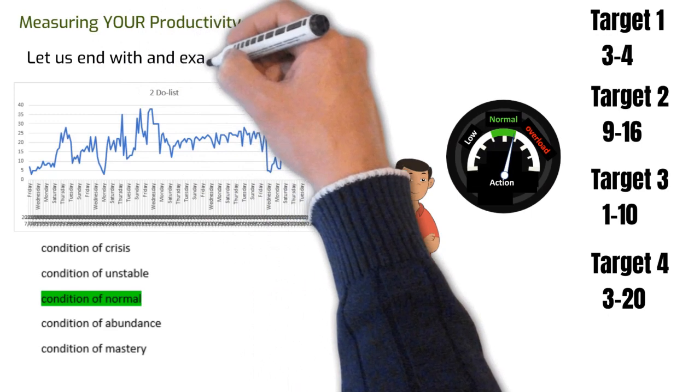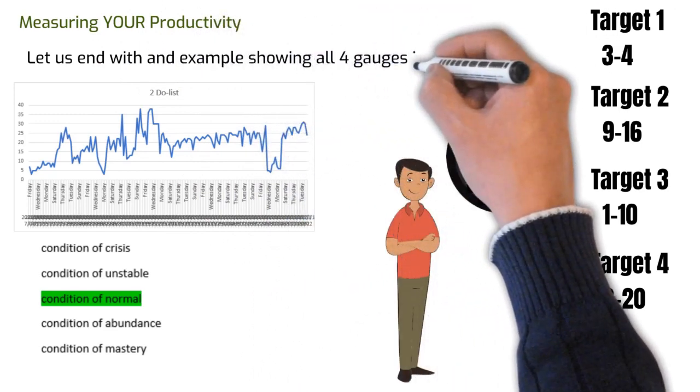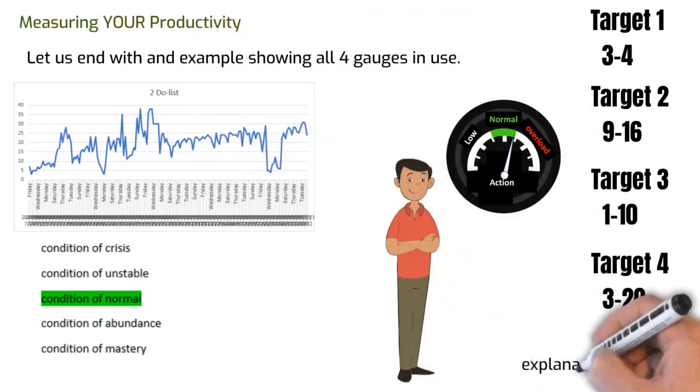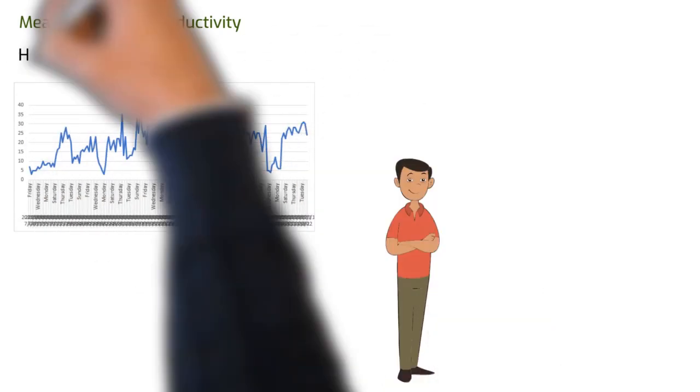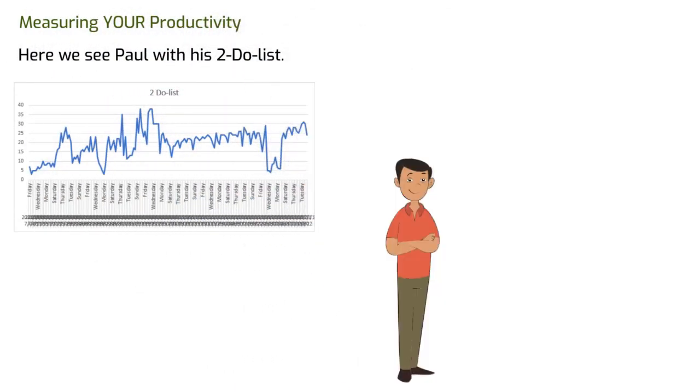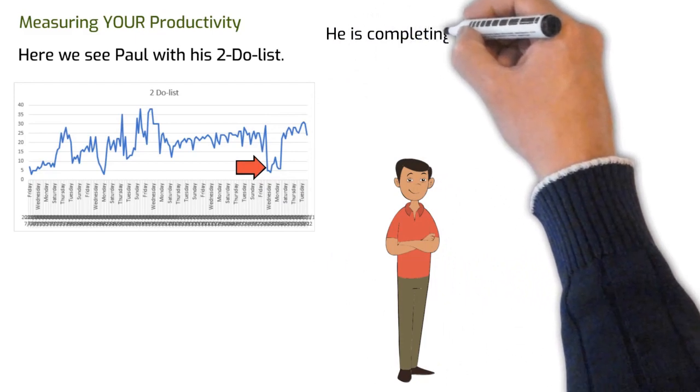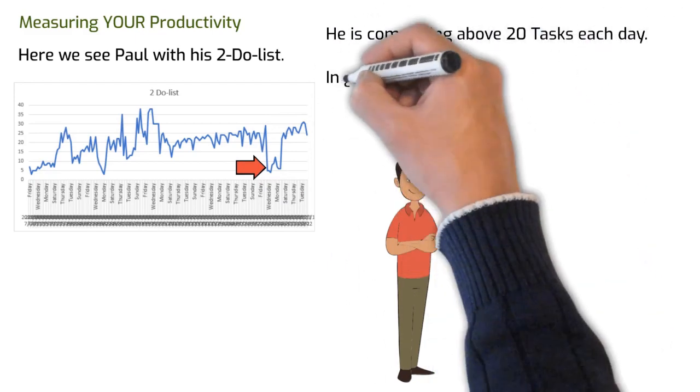Let us end with an example showing all 4 gauges in use. Here we see Paul with his to-do list. He is completing above 20 tasks each day.